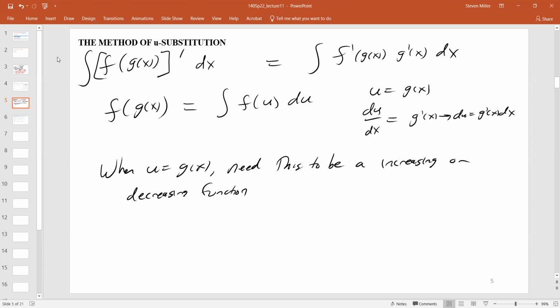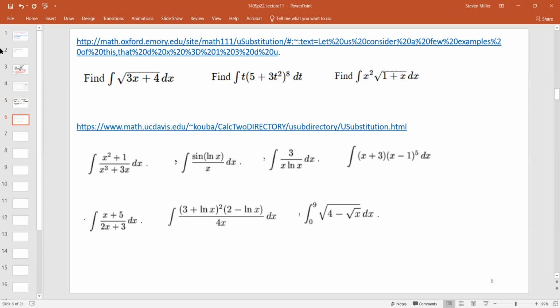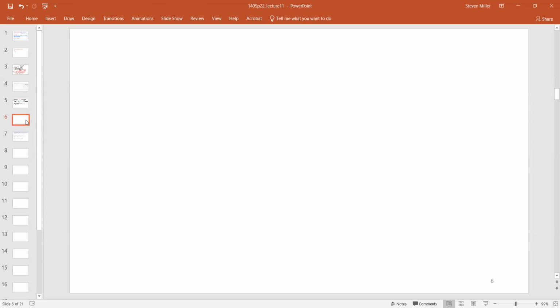So why is this important? Increasing just means it always gets larger as you go to the right and smaller to the left. Decreasing means you always get smaller to the right and larger to the left.